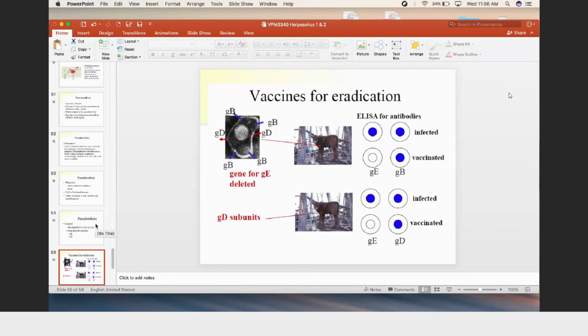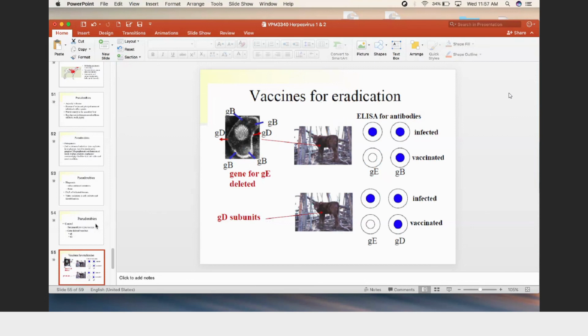They use a vaccine that produces a certain type of antibody. Without the antibody against a certain viral protein, you can say this animal is infected and vaccinated, or this animal is not infected but vaccinated.